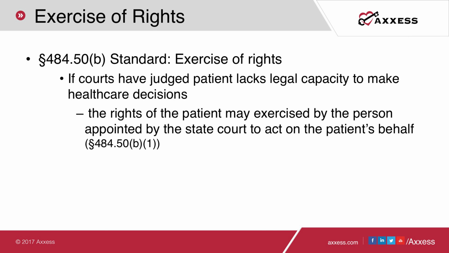You'd have to make sure you document attempts to obtain that information, clarify the information, conversations with others about obtaining the information that you need to see what the courts have judged, and then ensure that the entire team that's delivering care to that patient knows to what extent that patient can exercise his or her rights and who is legally appointed to make decisions for the patient.